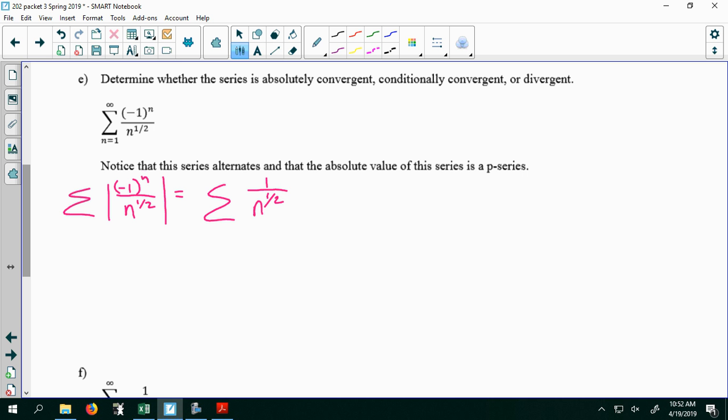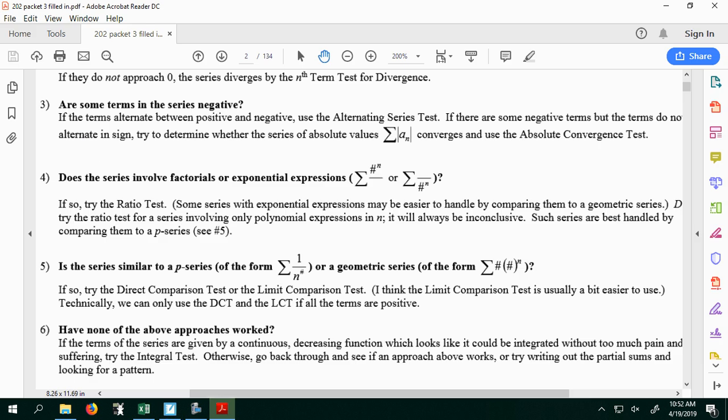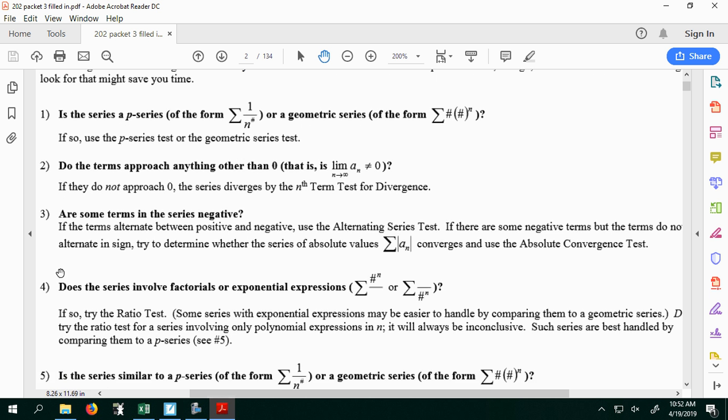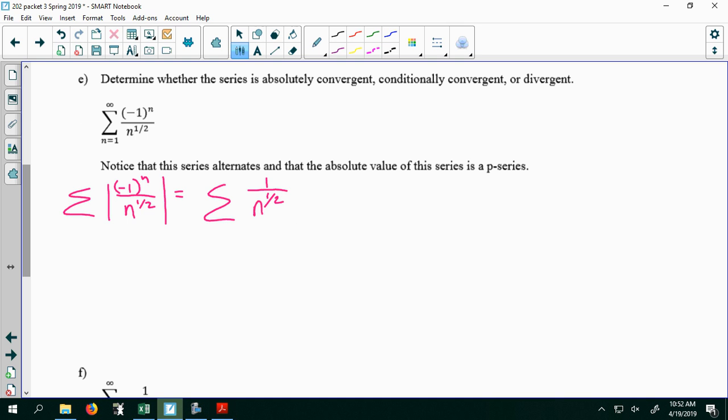And 1 over n to the 1/2, we want to decide, does it converge or diverge? So let's look at our list here. Start at the top. Is it a p-series? Yes. So we would use the p-series test to determine if this converges or diverges. P is smaller than 1, so this diverges.